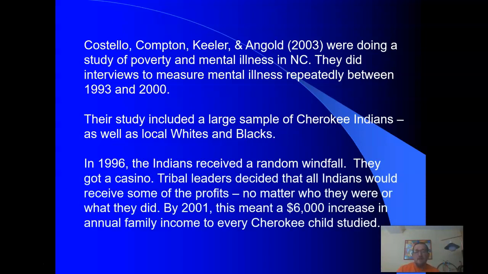They got a casino. And the tribal leaders, I think pretty wisely, decided that every Indian in that tribe, regardless of whether the leaders liked them, regardless of their level of attractiveness, regardless of their criminal record, everyone who's a member of the tribe, no matter who they were or what they did, notice, no matter what their genes were like, got this windfall.